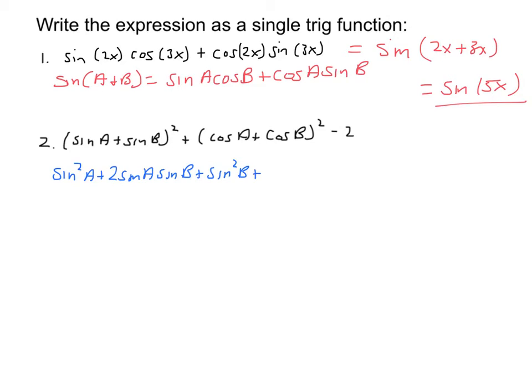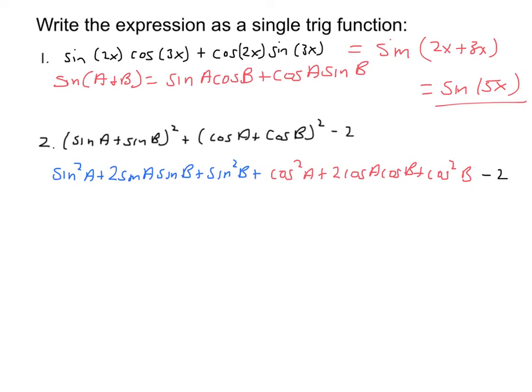When I multiply out the second one, I'm going to get cosine squared A plus 2 cosine A cosine B plus cosine squared B, and then I still have that minus 2. So that's all multiplied out.